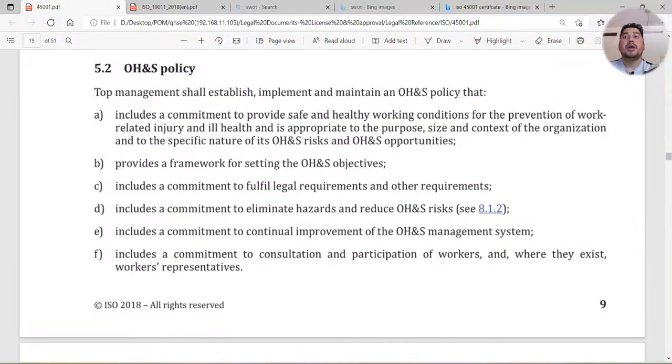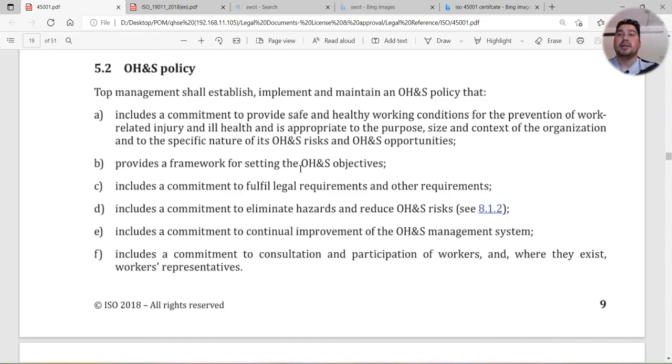Okay. When you are creating any policy, make sure it provides the commitment to provide healthy and safe working conditions, top management commitment, legal requirements, and its purpose, size of the business, context of the organization, interested parties. Okay. So these things need to be included, and OHS opportunities also.